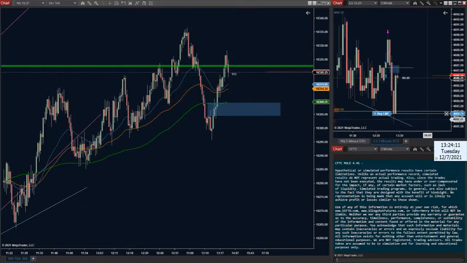Same with the S&P. 50 seconds left on the current candle. So far, sellers are defending their break-even points. No pullback yet, just kind of hovering.